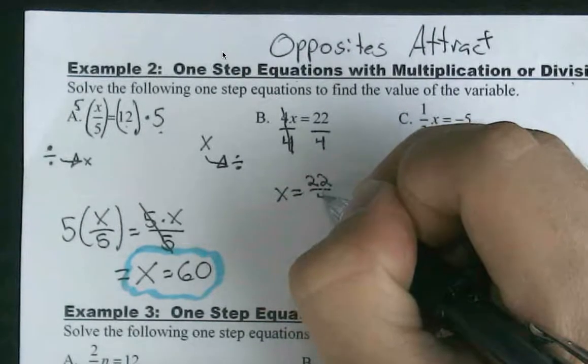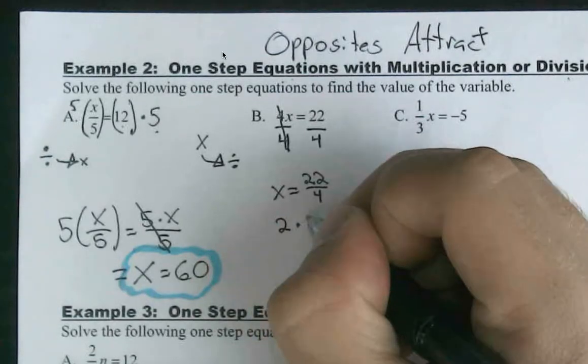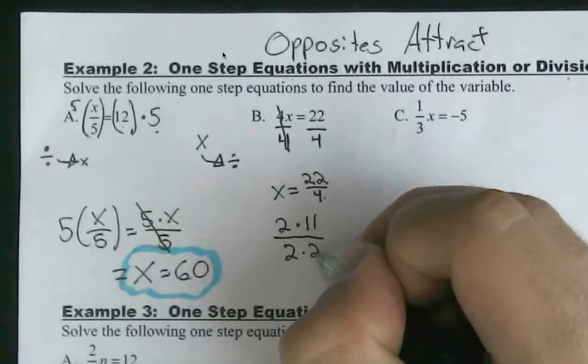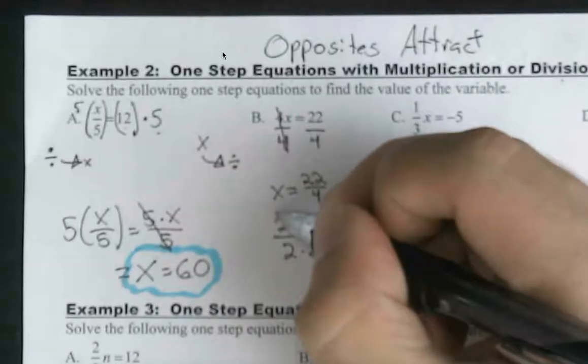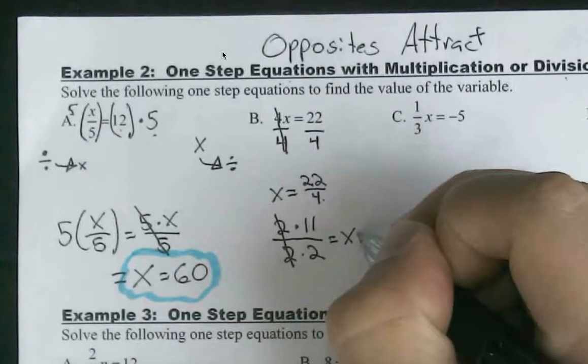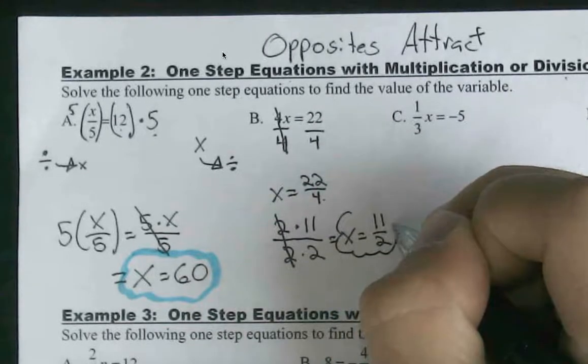We can also simplify this further, because we know that 22 is 2 times 11. And 4 we could rewrite as 2 times 2. So we could easily cancel our 2 terms, leaving us with x equals 11 halves. Our final answer.